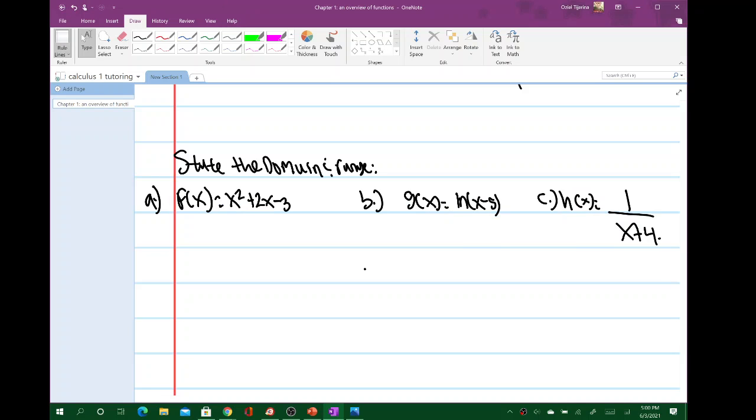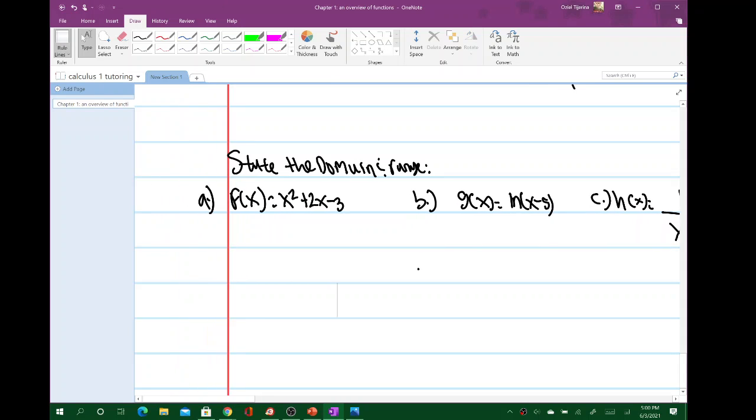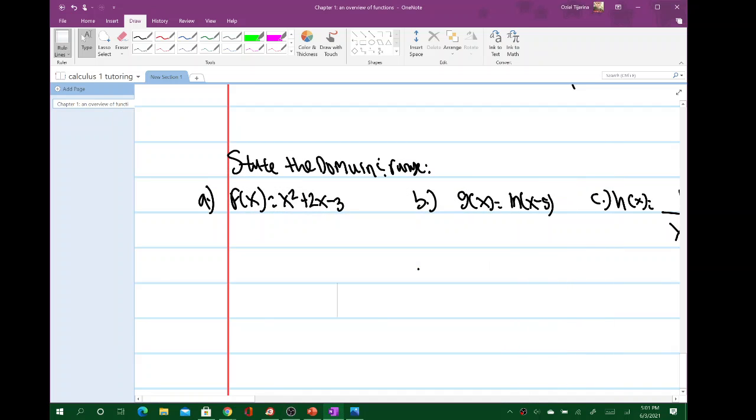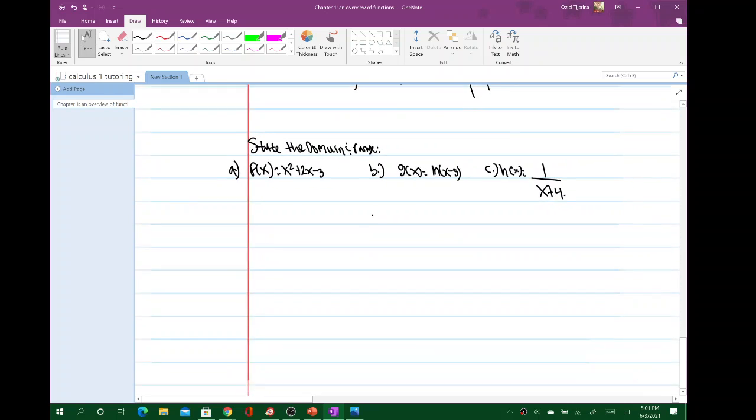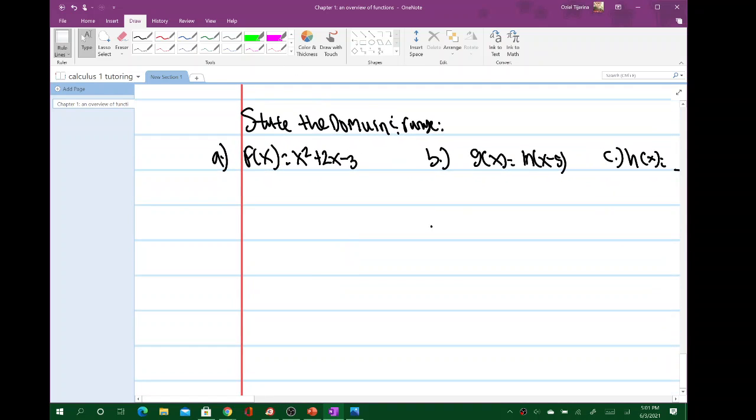So in this next part, what we're going to do is state the domain and range. We already know, and this is something that we should already know, that in a parabola or in a quadratic function, there are no restrictions on the domain.